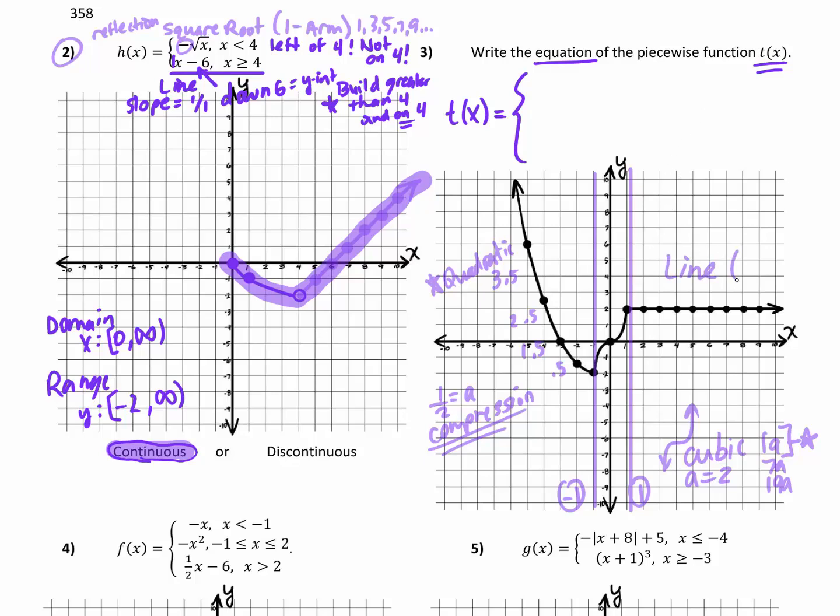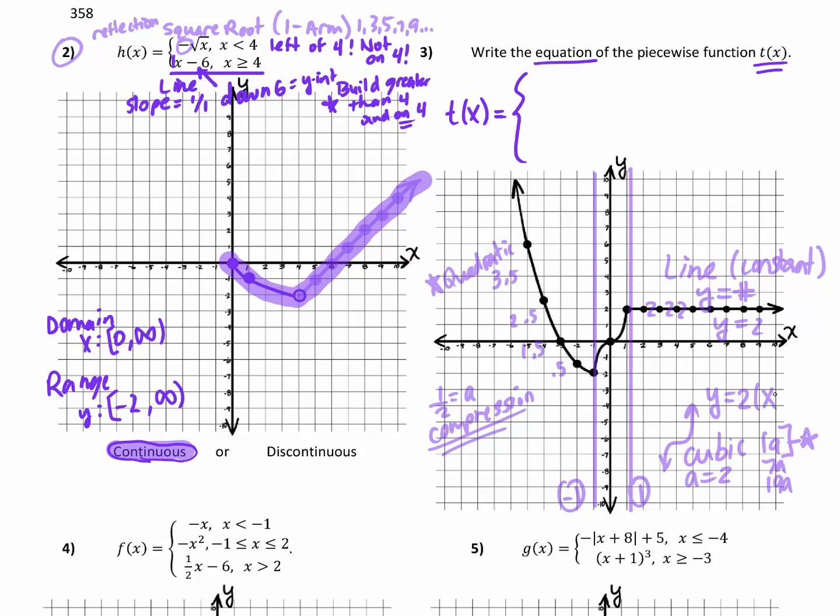It is a constant, which is worth noting. Constants are just y equals a number. And in this case, since all the heights are 2 and 2 and 2, it's going to be the equation y equals 2. All right. For the cubic, if I wanted to write that out, it would be 2 and then x.